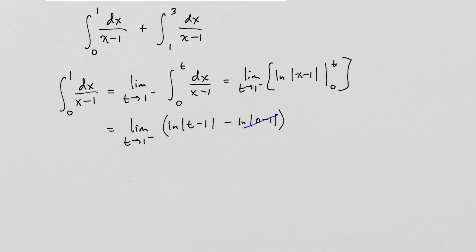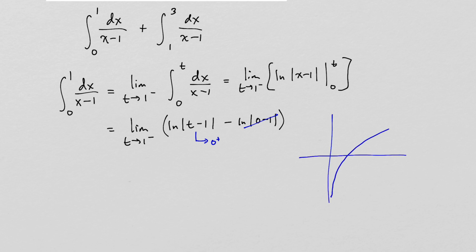Now, what happens here? If you approach 1 from the left, as the value of t gets close to 1, the value here is getting close to 0. Now, when you take the absolute value, it means that this is always going to be a positive number. So the number inside here is going to 0, but it's going to be a small positive number as that happens. What is the natural log of a small positive number? Well, think back to your natural log graph.